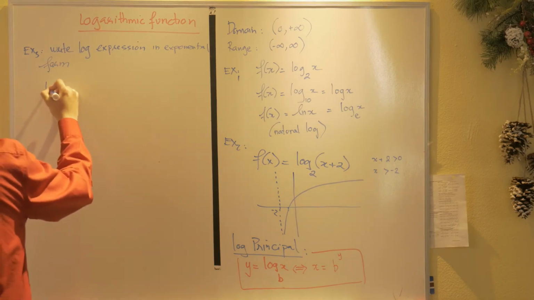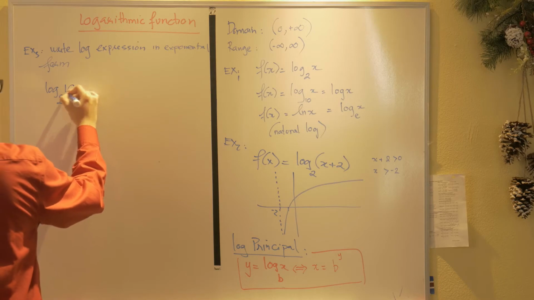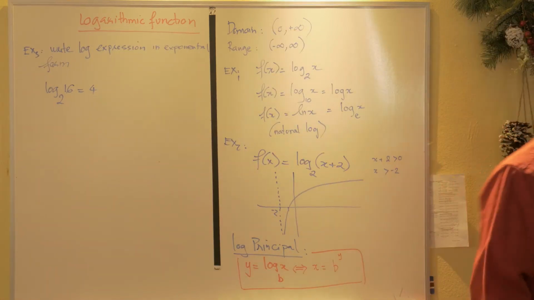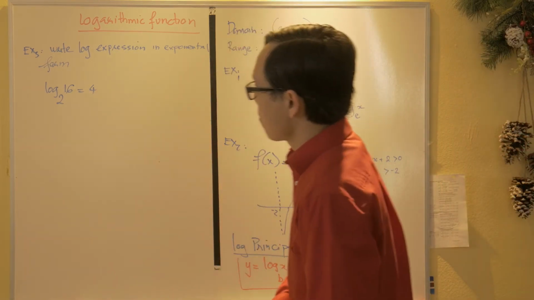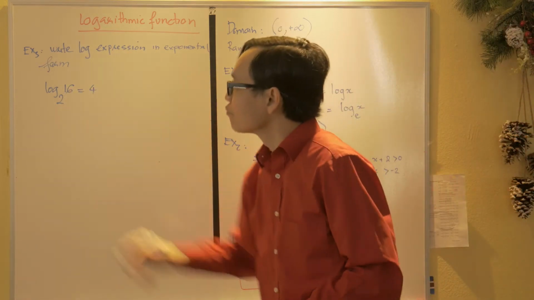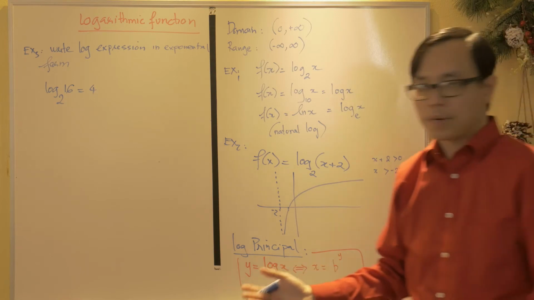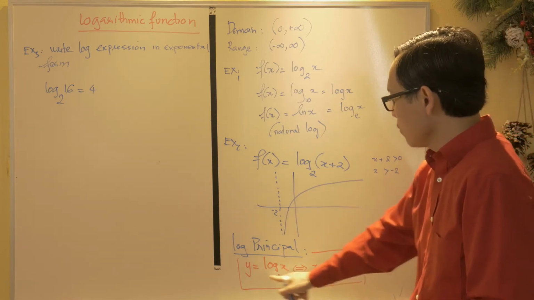So I have log base 2 of 16 equals 4. And I want to write this equation in exponential form. Of course, we have to use the log principle. We need to define the b value, the x value, and the y.